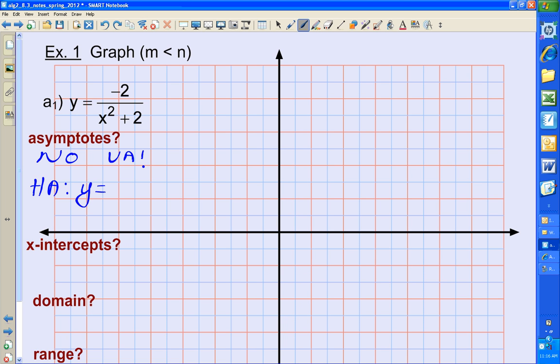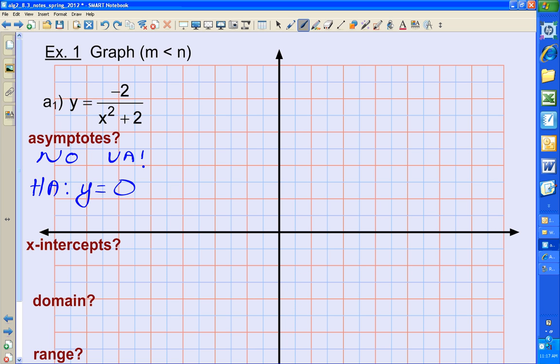Do you have notes? No. How's that working for you? Anna? 0. How do you know? You guys said degree on the top, compared to the bottom. Degree on the top is 0, degree on the bottom is 2, automatically y equals 0.